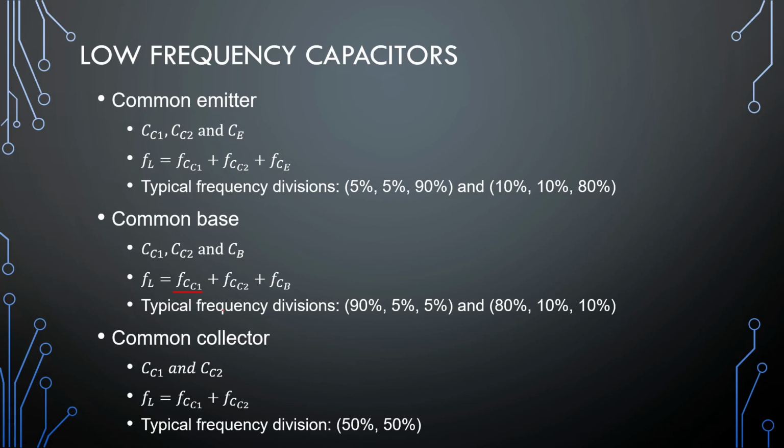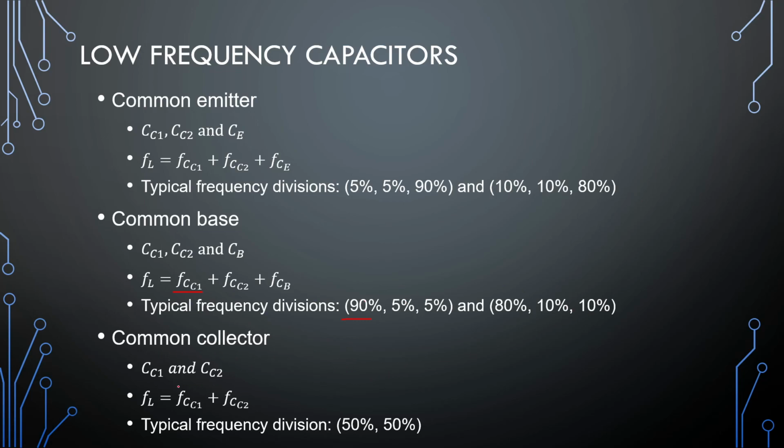So that capacitor right there is the important one in the end, and it just works better to design capacitor values for CC1 here. And again, we have the same ratios.